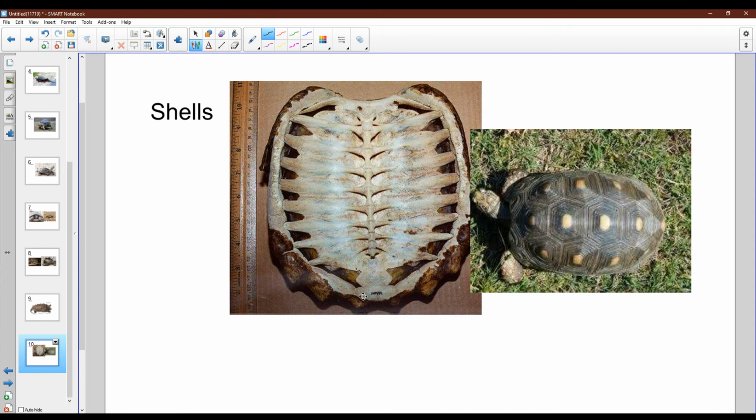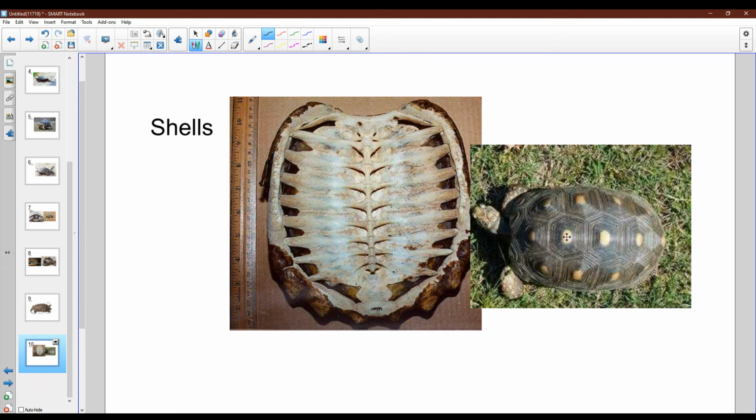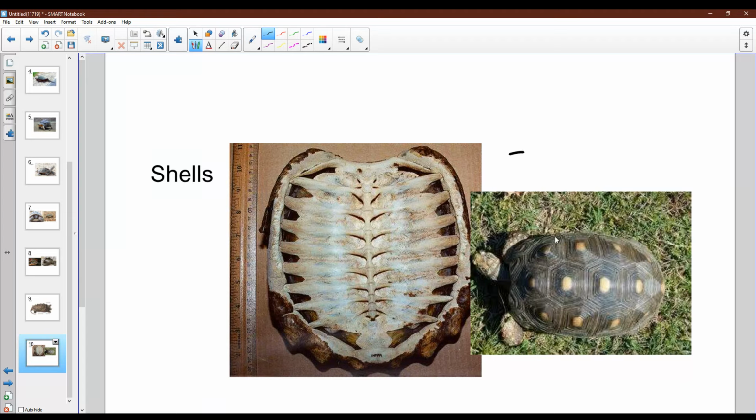And so for their shell, the upper shell, the part that you see, is called the carapace, and the lower is called the plastron. And the shell is covered in these epidermal type scales. So these are scales here, and those scales are called scutes, and the bottom shell is called the plastron.